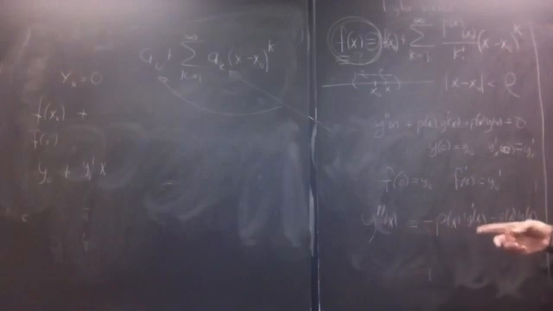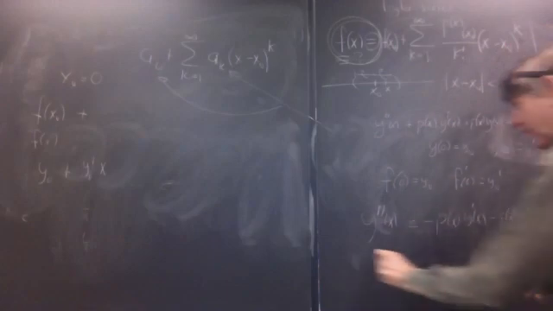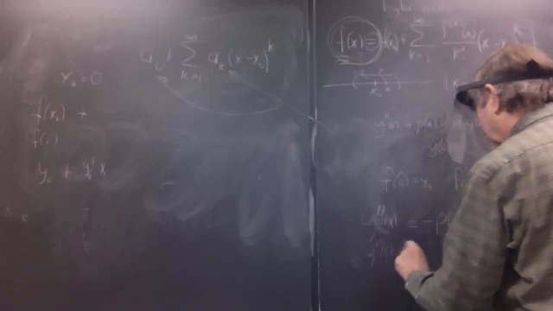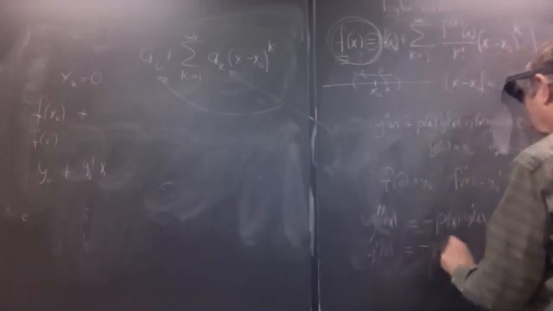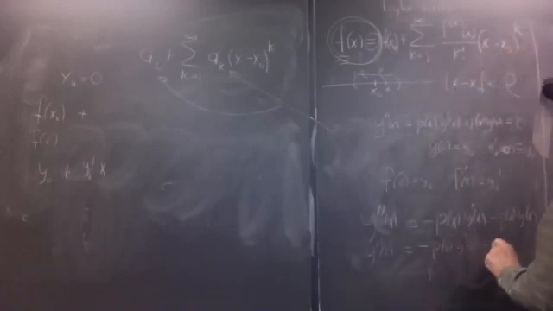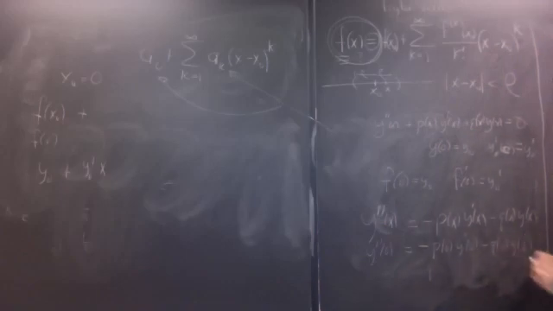So what happens if I stick 0 in here? Y double prime of 0 is minus p of 0, y prime of 0 minus q of 0, y of 0. And the point is, I know what the function p is, I know what the function q is. Therefore, I know what p of 0 is, and I know what q of 0 is, and I know what y prime of 0 is, and I know what y of 0 is.